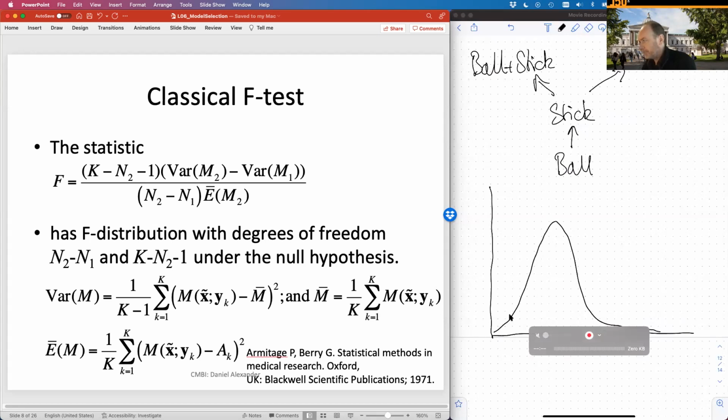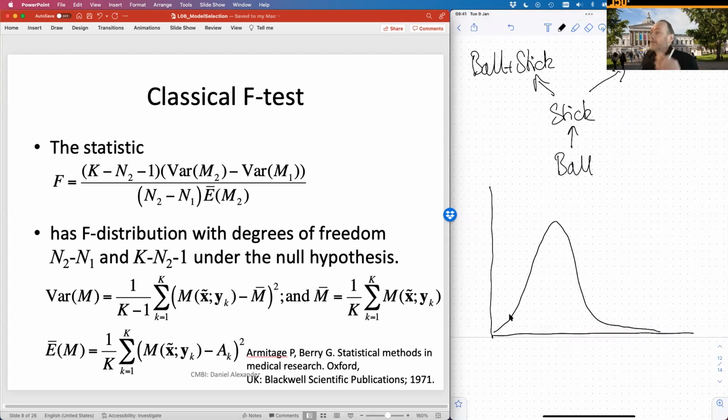That means that if we were to repeat this experiment time and time again, reacquire our measurements, fit the two models, and compute the F statistic, we would get a range of values that all lie in the active part of this distribution. If we compute a histogram of them, it would approximate this distribution.